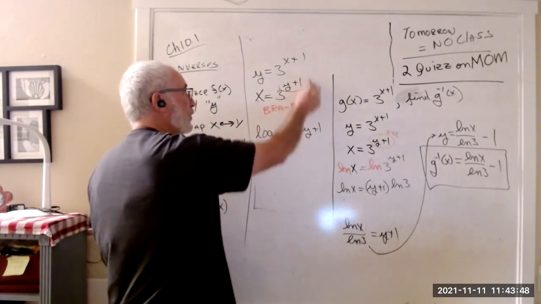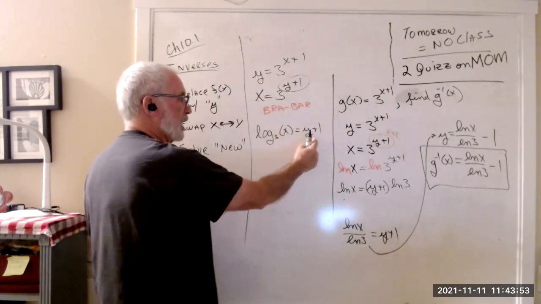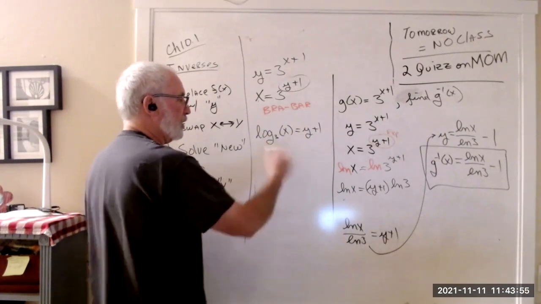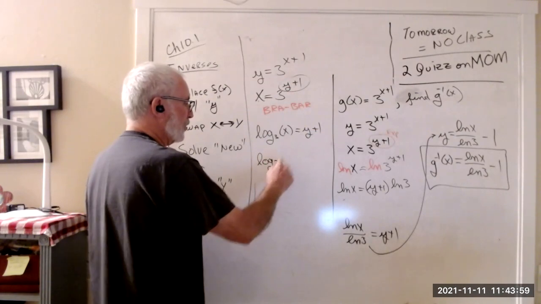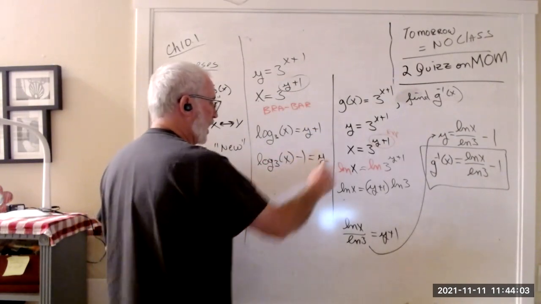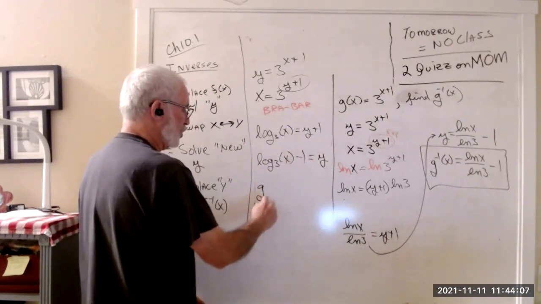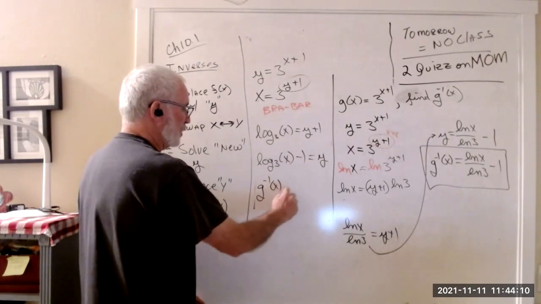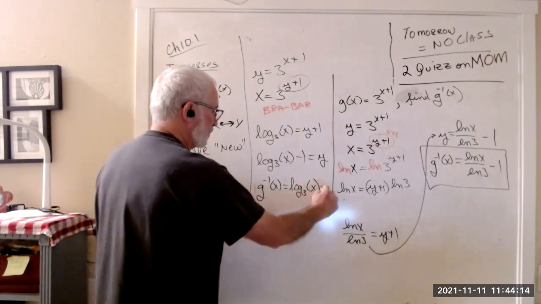This whole thing was the exponent. The logarithm equals the exponent. So the only thing we have to do here is take away 1. So log base 3 of x, take away 1 equals y, or to make it look pretty, g inverse of x equals log base 3 of x, subtract 1.